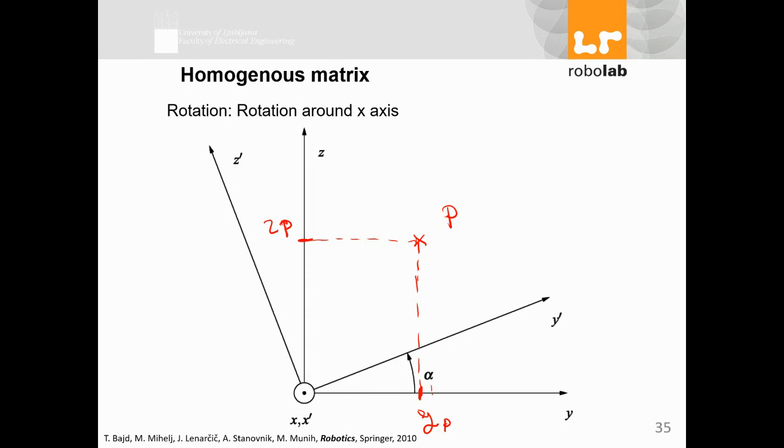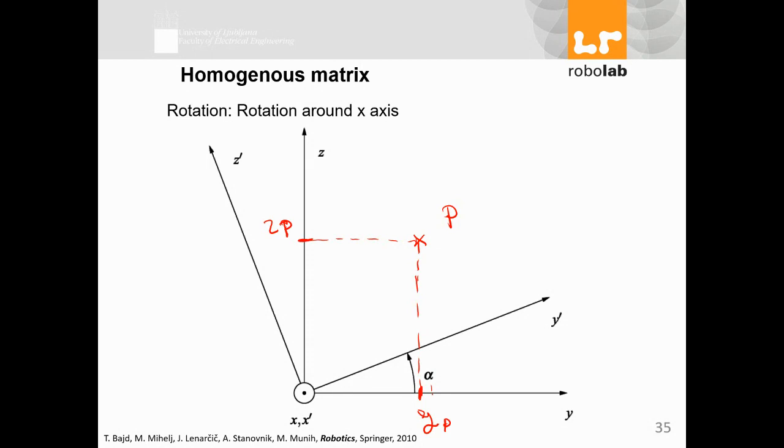Does x of the point change in this rotation? See, your x-axis rotates, but its rotation doesn't change the projection point of the point you have. So no change in x-axis.